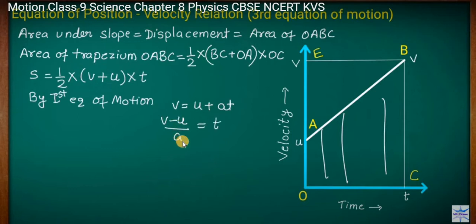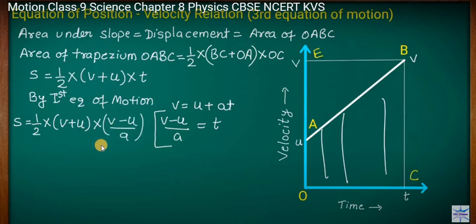So v minus u divided by a is equal to t. Here we keep this value of t. So s is equal to 1 half into v plus u, and instead of t we write v minus u divided by a.